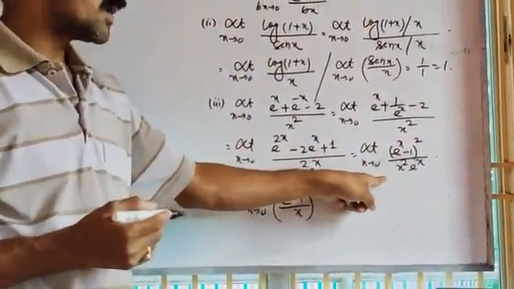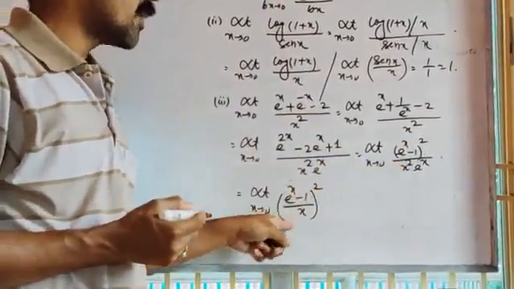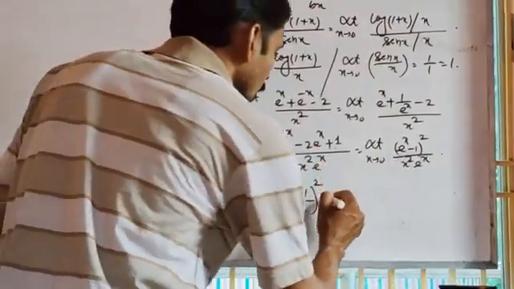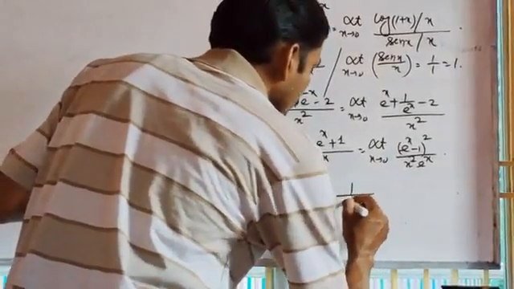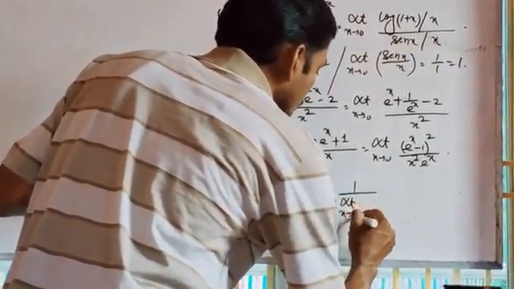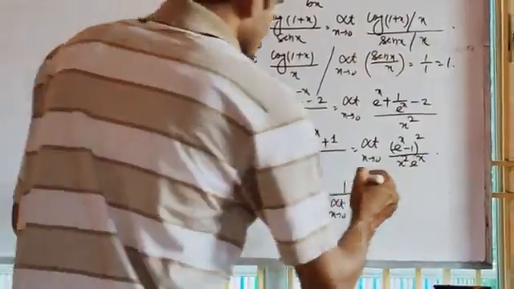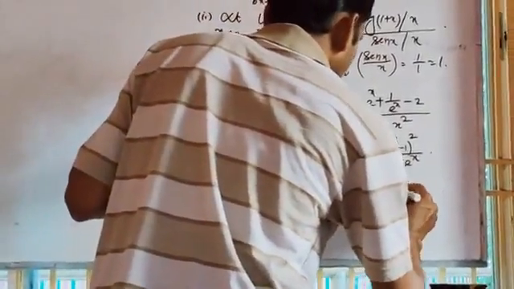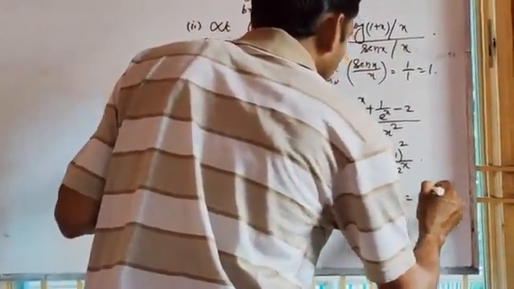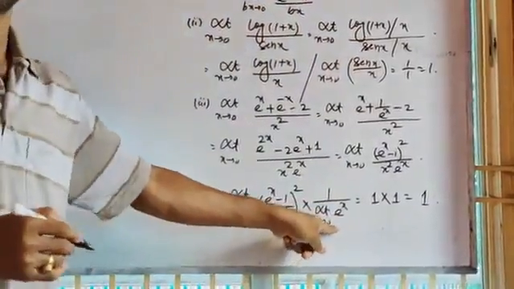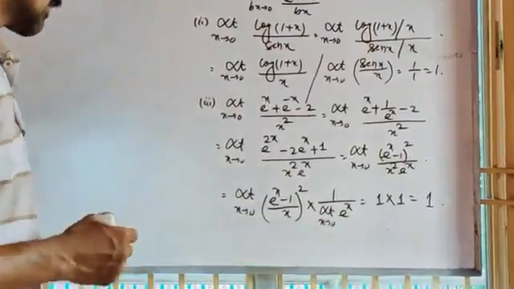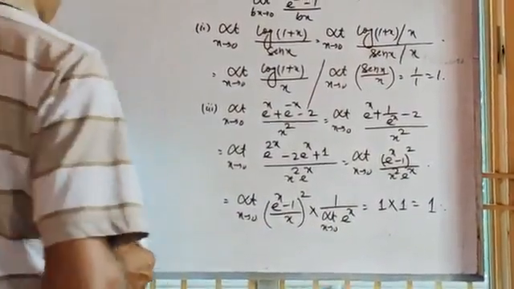So by laws of exponent, a square by b square is a by b whole square, into, you can write it this way, limit x tends to 0, e to the power x. Now this is equal to 1 into 1, which is again equal to 1, because this is also a standard formula, limit e to the power x, x tends to 0 equal to 1.